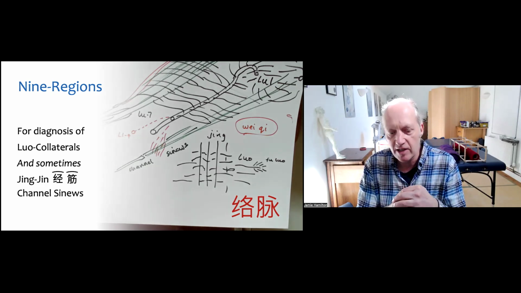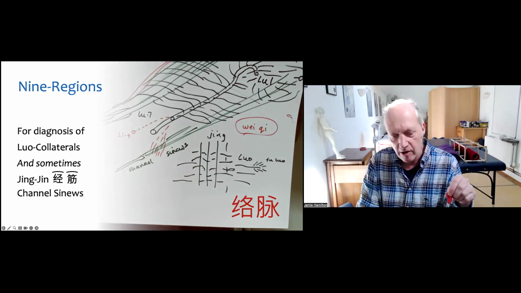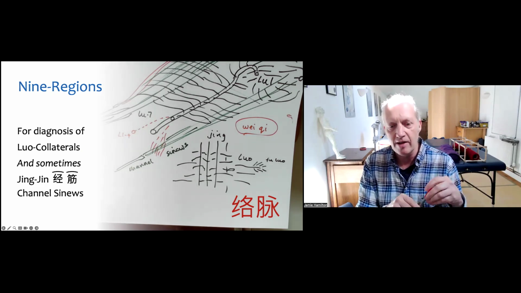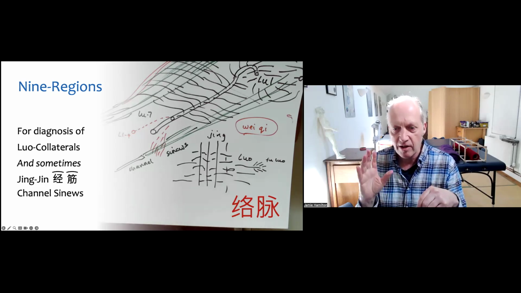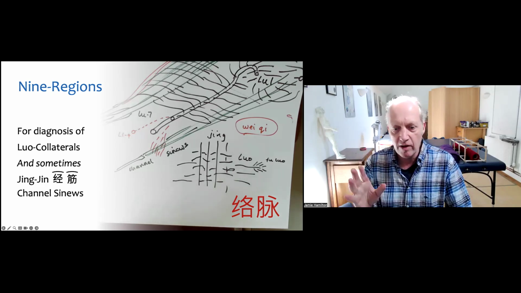So basically trying to take the classics and bring them into a contemporary framework. So I don't think any of us can really say that something is 100% a certain way. It's good for it to be more indeterminate, but with the emphasis on trying to explore in the clinic what's going on.